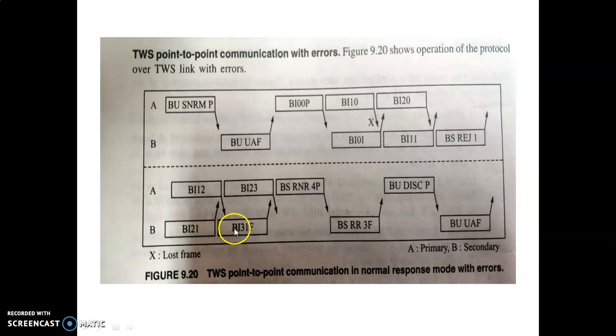Now here also, it had sent I2 properly, but this frame was sent a little before proper reception of the I1 frame, so it is still expecting I1. That's why it is written here RR1, with F bit equal to 1. Then A doesn't want more frames from B. The last frame that it received properly was I3, so it doesn't want I4.